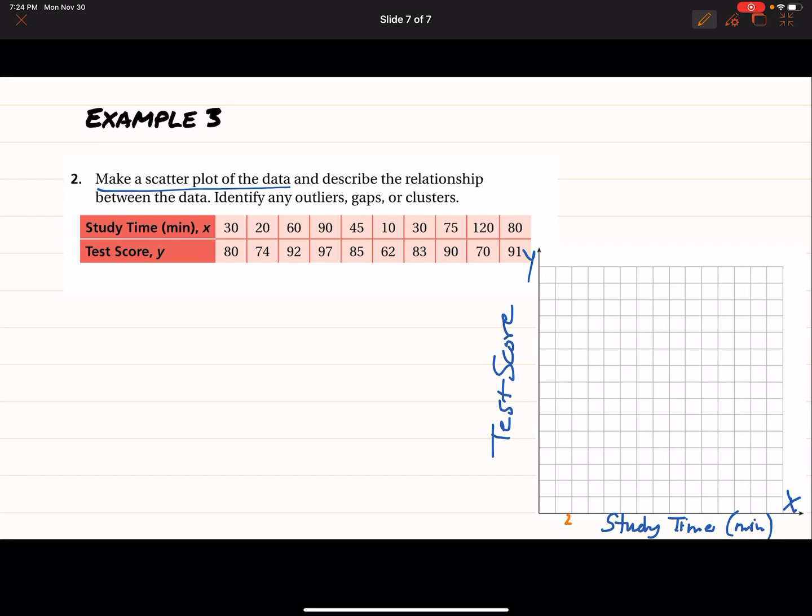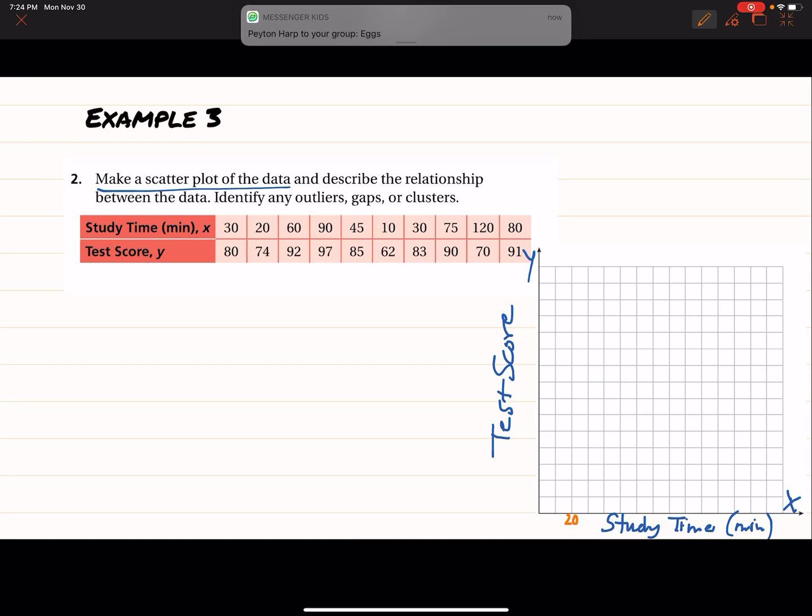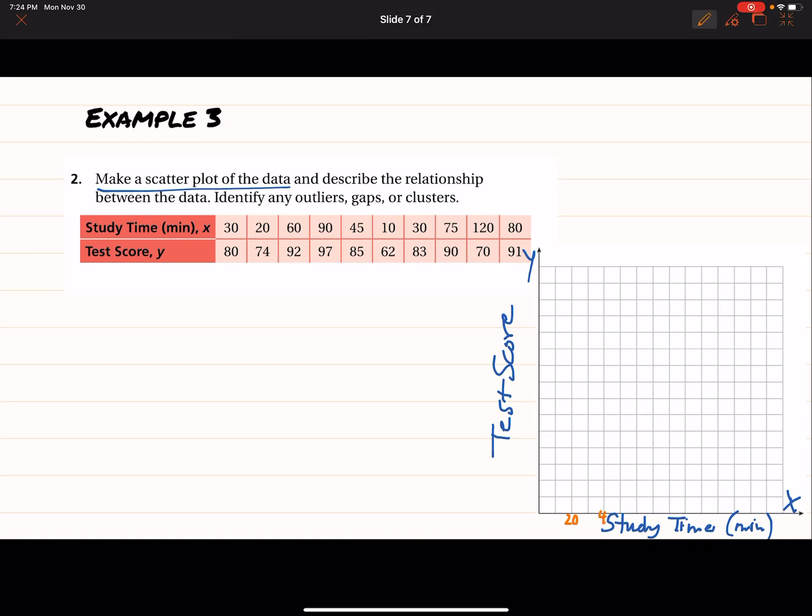If I labeled every other one, 20, 40, 60, 80, 100, and 120.